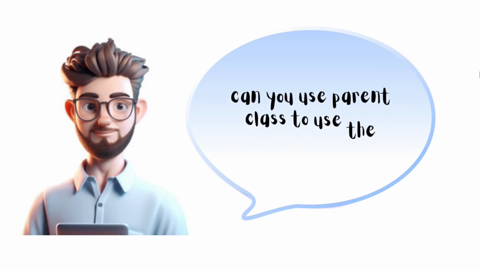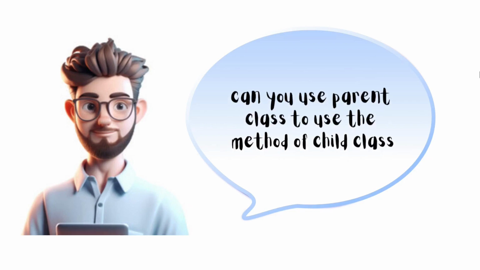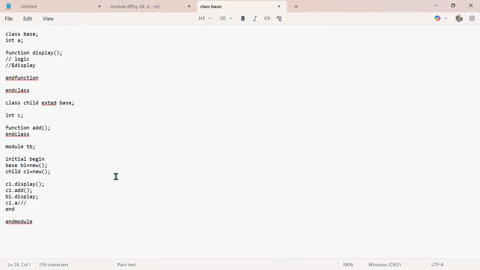Can you use parent class to use the method of child class? For casting, first we have to use the parent class handle, like b1 of base class equal to c1. So first we will equate the pointers of both the handles of the parent base class and child class.